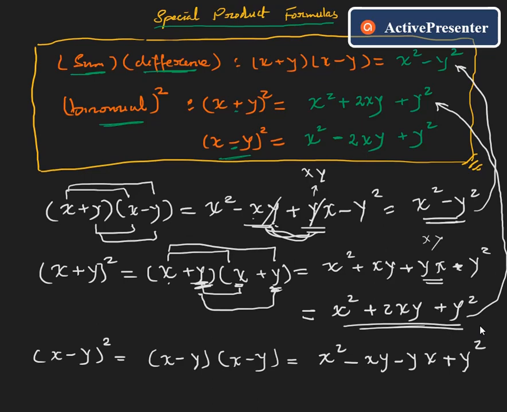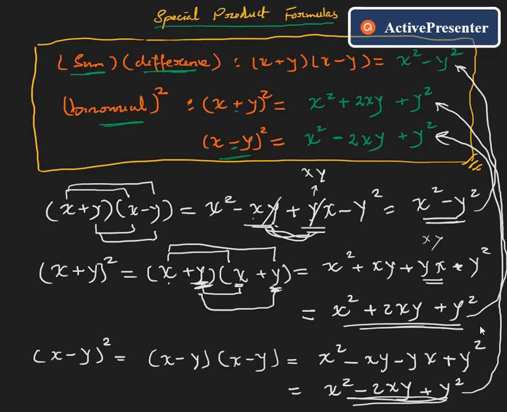So this is eventually equal to x squared minus 2xy plus y squared, and we are getting our third special formula. And these formulas need to be memorized always.